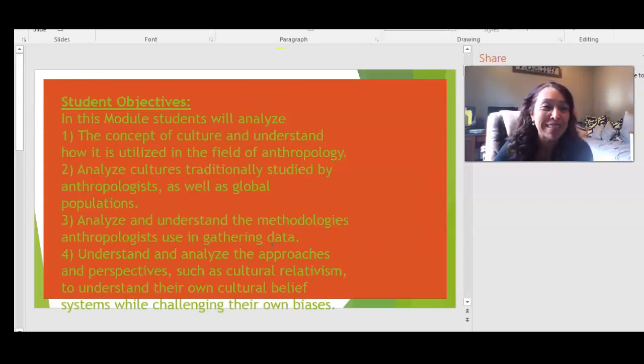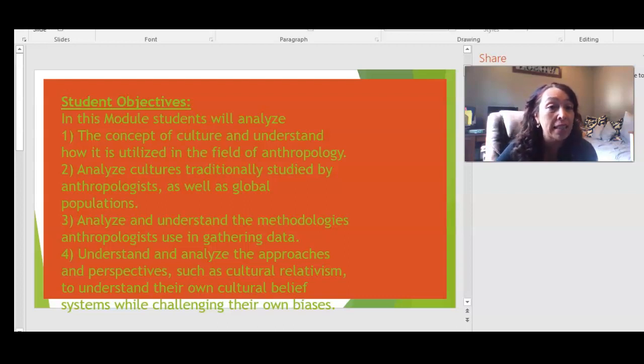We're going to talk about some of the student objectives for this module. The first one, we're going to understand the concept of culture and how we utilize it in the field of anthropology. We're also going to analyze cultures that we traditionally study as anthropologists, as well as global populations like ourselves.